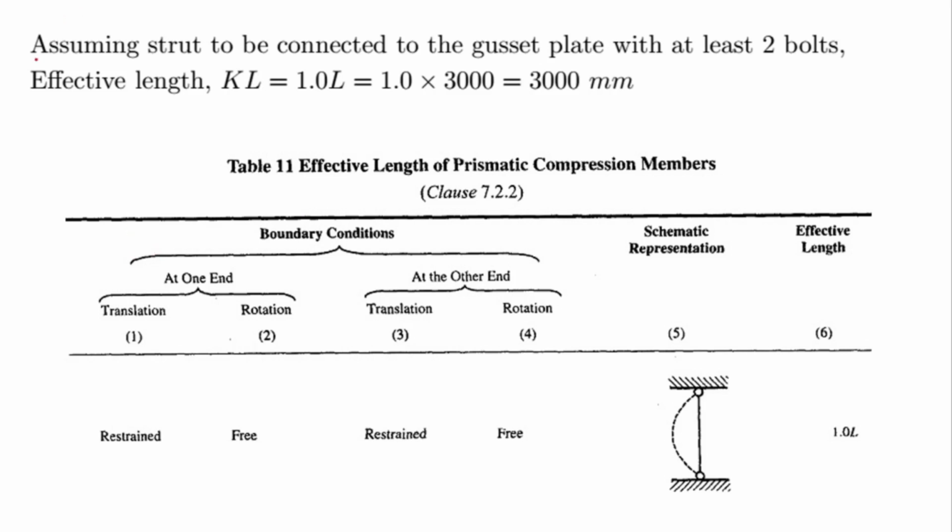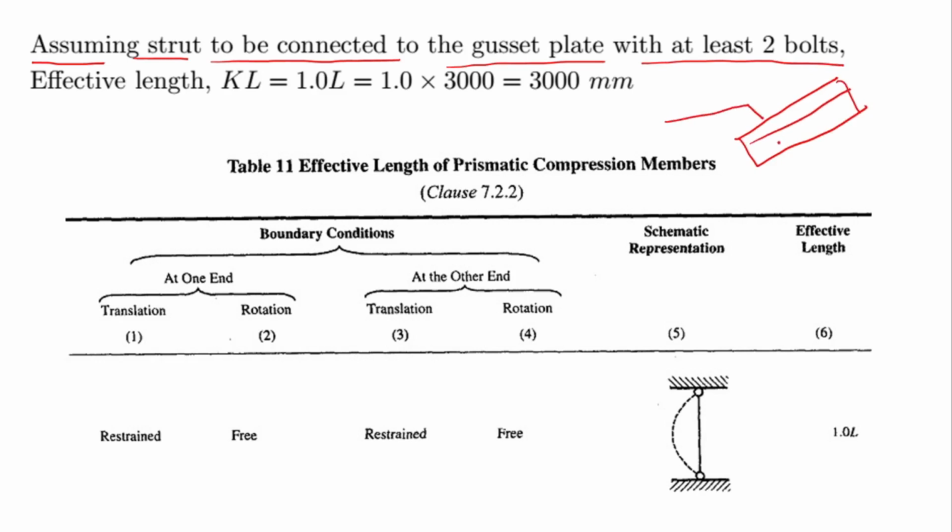Now assuming the strut to be connected to the gusset plate with at least 2 bolts. See, if it is the angle strut, on one side it is connected to one gusset plate, and on the other side also it is connected to another gusset plate. So we have assumed it is connected with at least 1 bolt on each side.